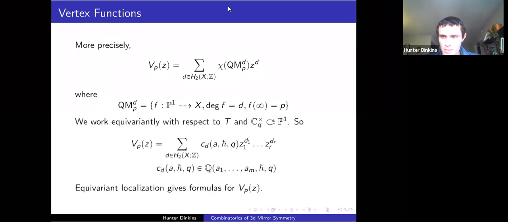Okay, so I want to think about everything equivariantly with respect to the torus T that I mentioned earlier that acts on quiver varieties, and also with respect to the action of C star that acts by rotations on P1.